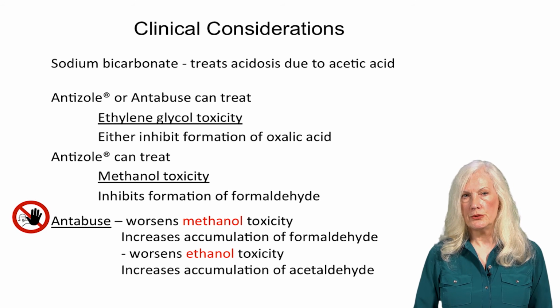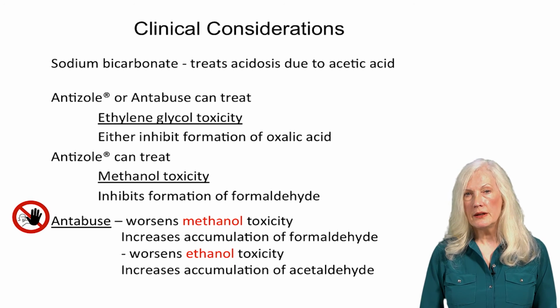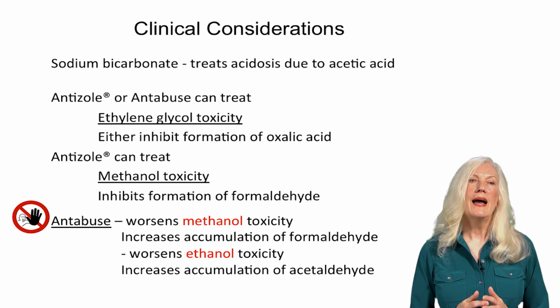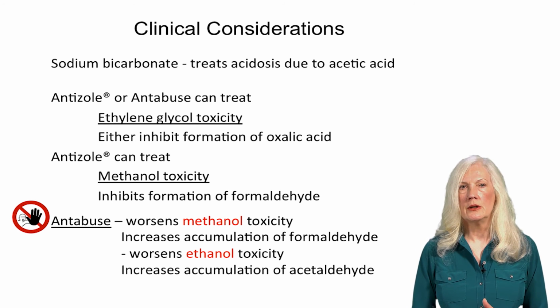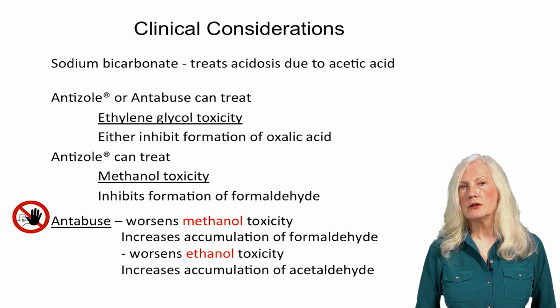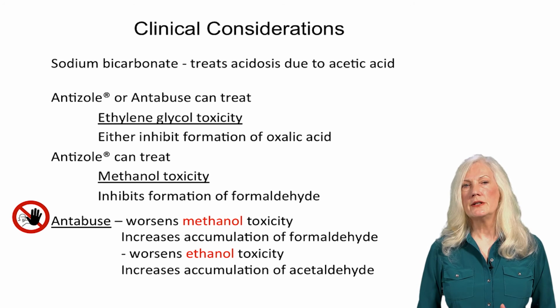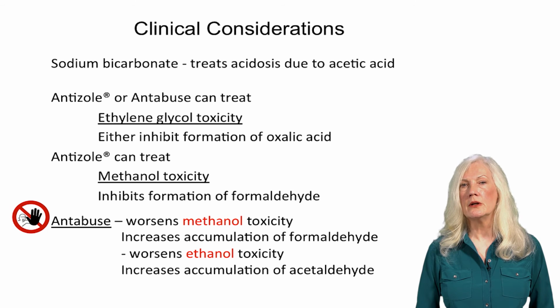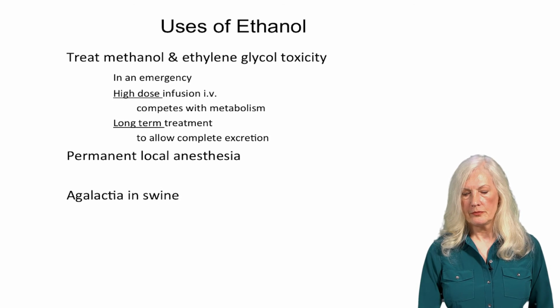If you give antabuse to an animal with methanol toxicity, it will actually worsen the condition because it increases rather than decreases the accumulation of formaldehyde, just as it increases the accumulation of acetaldehyde after ingestion of ethanol.